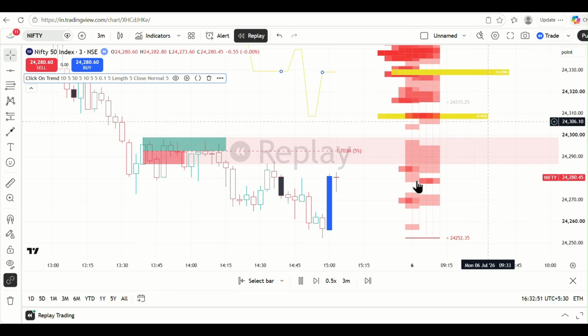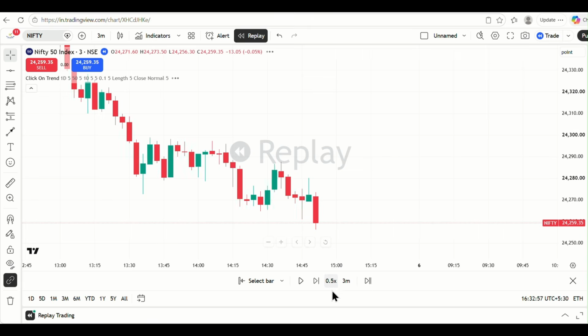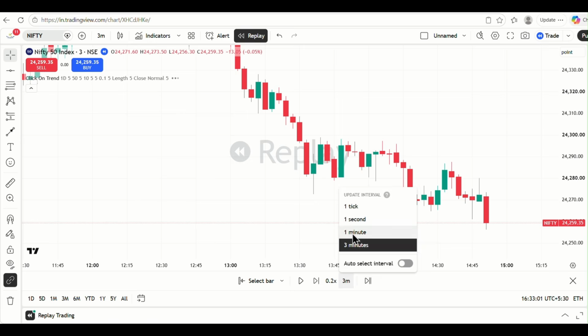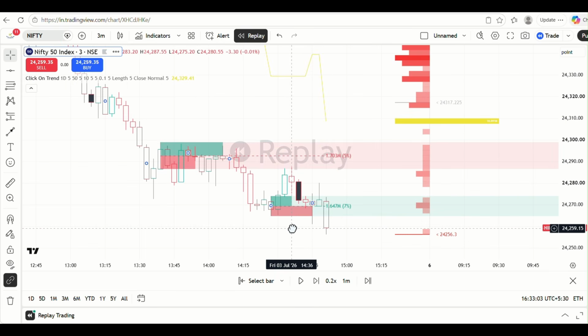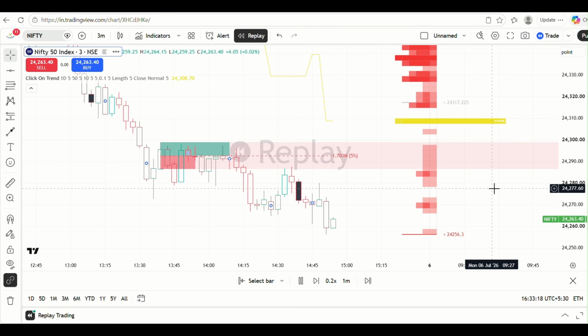Let me slow the speed for you again. Let me reduce the speed to 2. Let me make it 1 minute. Let's bring it here and play. Now you see the candle is developing in front of you only. So you can catch that moment instantly, not after it happens, like other lagging indicators.